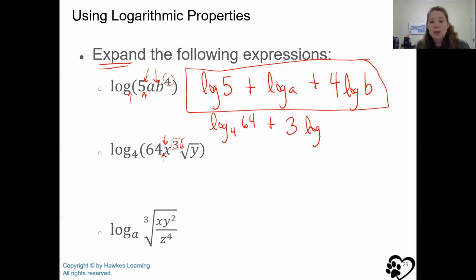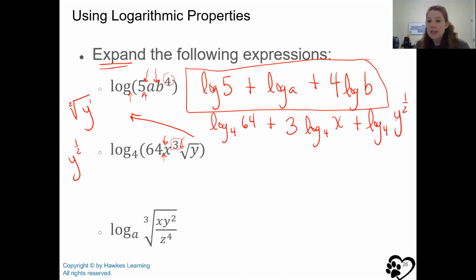Log base 4 of x. And then remember how we talked about our exponent rules? What's the same thing as writing the square root of y as an exponent? Remember, you can write y to the 1/2 power. So we're going to say plus log base 4 of y to the 1/2 power.